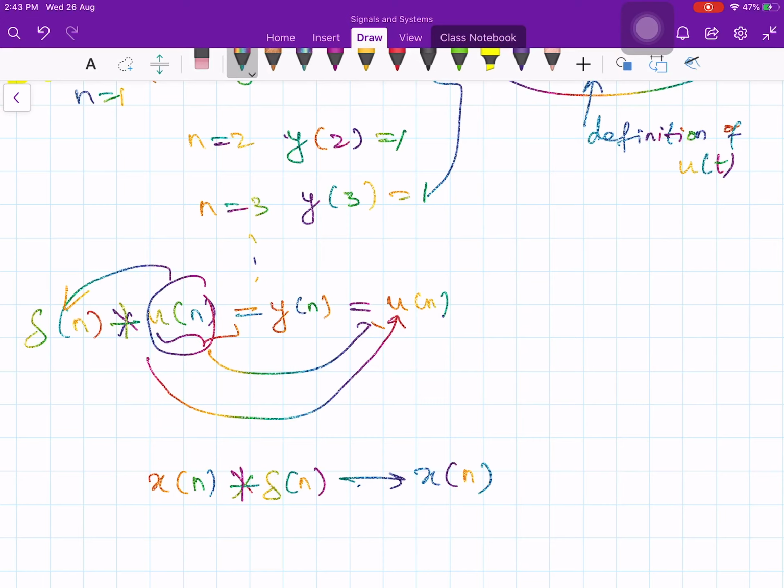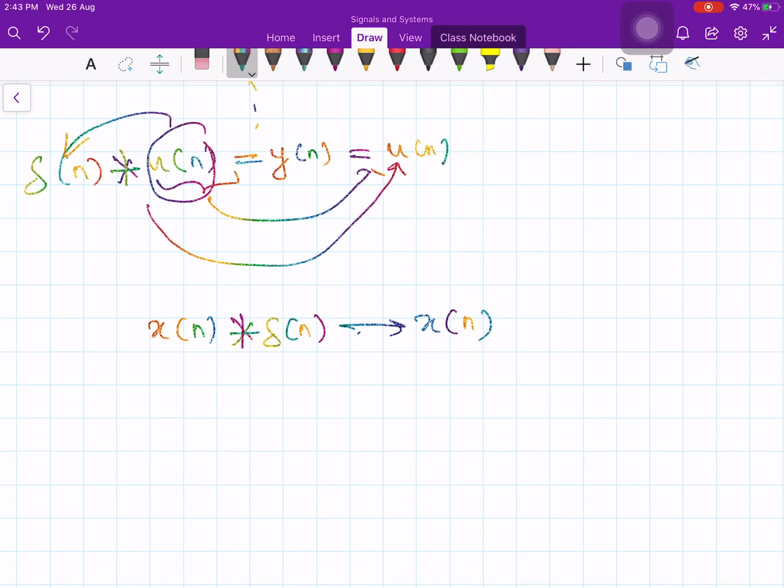Now, if I have x of n convolved with del of n minus n naught, then apply the same time shifting property, the output becomes x of n minus n naught.